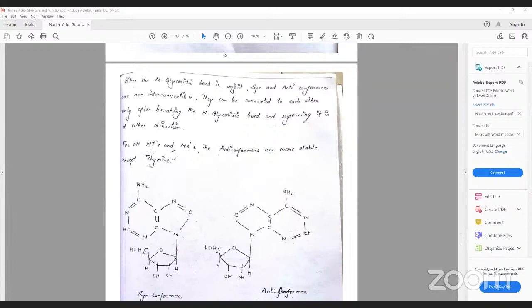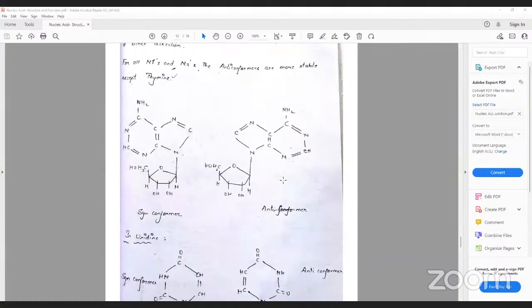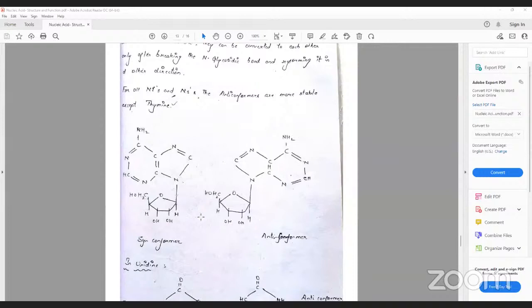For most of the nucleotides and nucleosides here, the anti-conformers are more stable, as I said, because it prevents any kind of steric hindrance. But except for thymine. Thymine is more stable in the syn conformer.